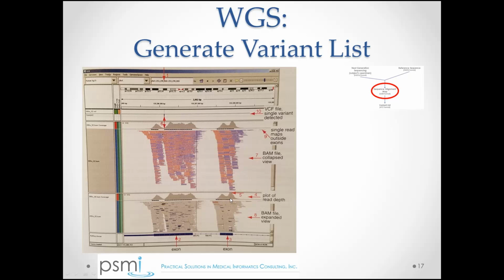And in this case, this peak here, this is just showing how many reads there are at a particular spot. And this particular peak here, there was 1,000 reads. So at this particular base, for instance, 1,000 different fragments overlap that particular base.